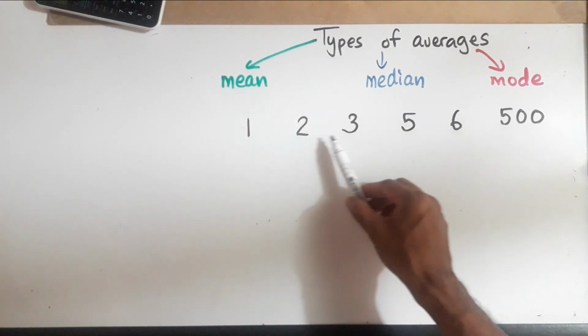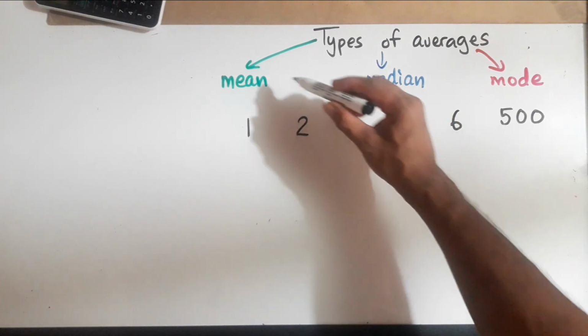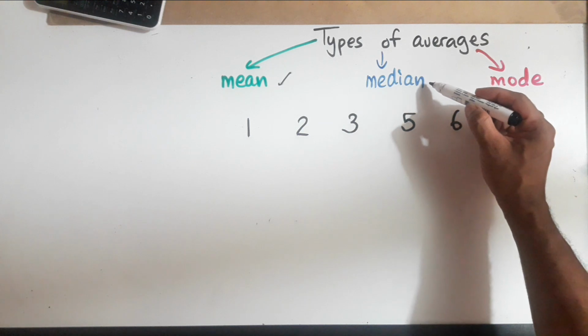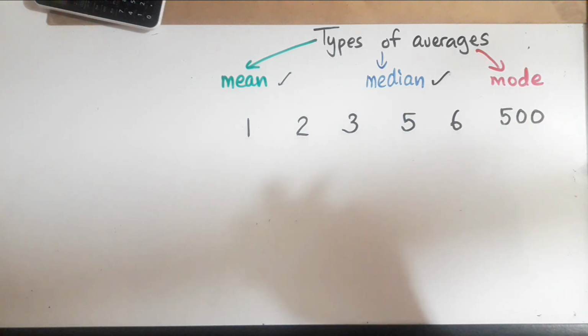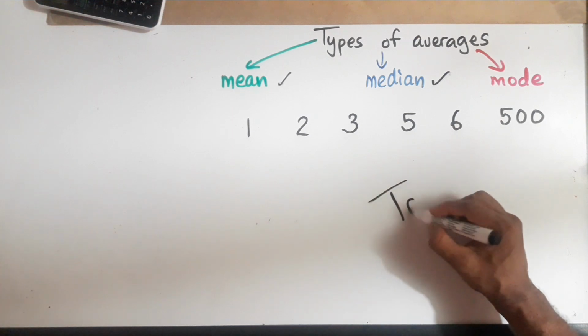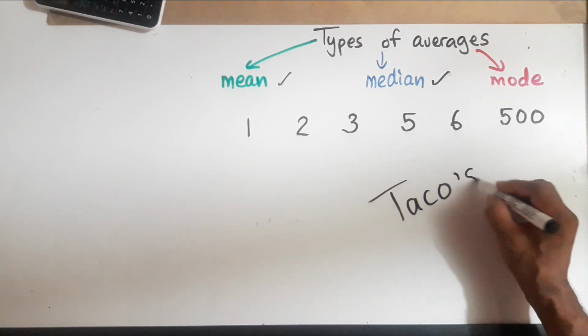I'll let you know off the bat, when it comes to actual numbers that they give you, it will either be mean or median. I'll discuss mode last. It's kind of the hardest to understand, to be honest. So let me describe what this data is. Let's say you want to set up a business, and you want to sell tacos.